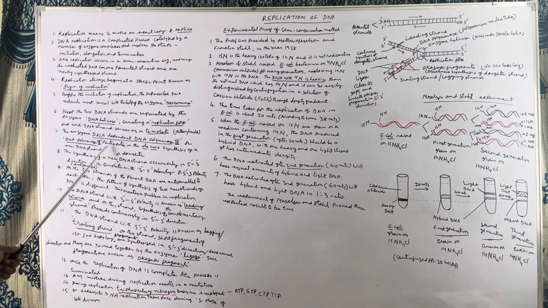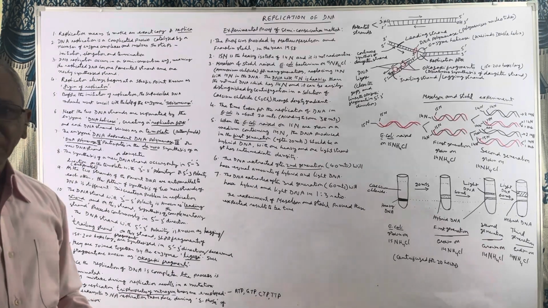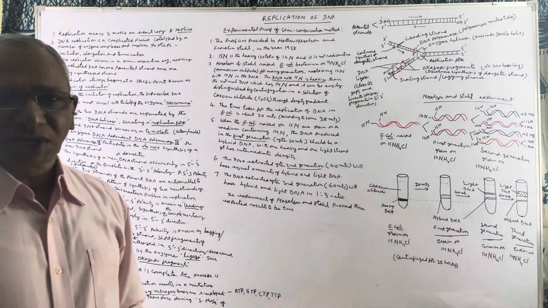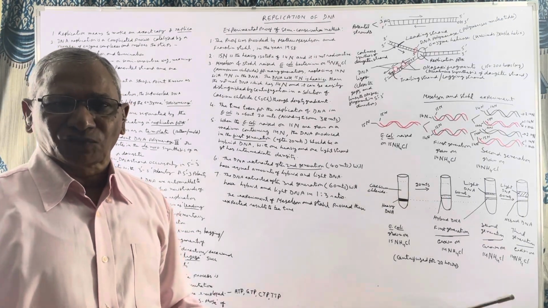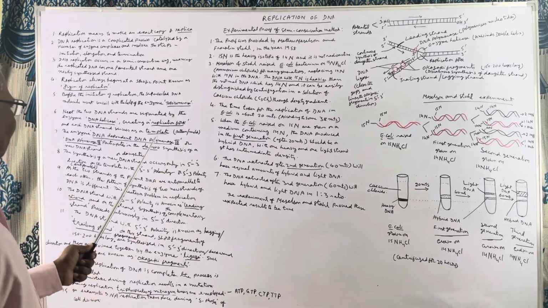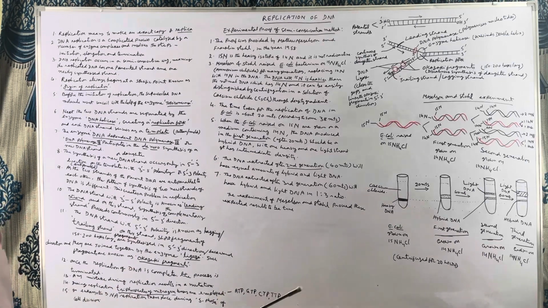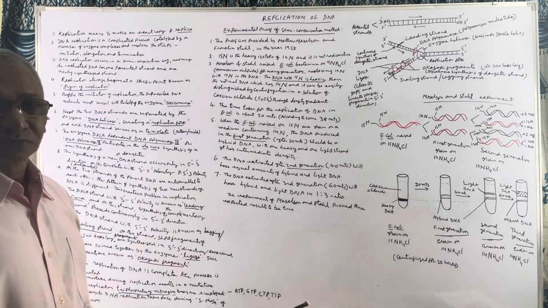Then there is another important enzyme, DNA-dependent DNA polymerase, or simply DNA polymerase. The DNA polymerase enzymes are many types. DNA polymerase 1, 2, 3, 4, 5, 6 like that. Here, DNA polymerase 3 is very important. It alone participates in replication.